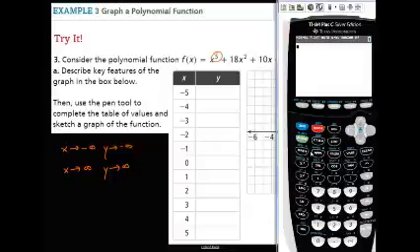You don't have to plug them all in. -5, hit the caret, this little rooftop, to the fifth power, plus 18 times -5 squared, just following along with the function here, plus 10 times -5, plus 1. So all I did was say x to the fifth plus 18x squared plus 10x plus 1, and I hit enter. And I get -2724. So that may not help me out much, but we'll see.